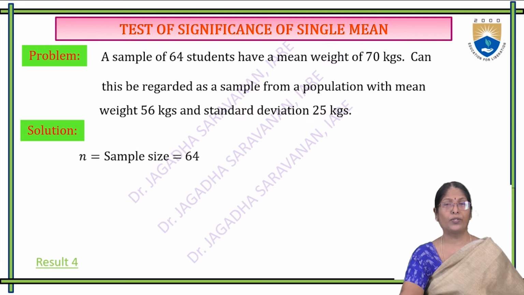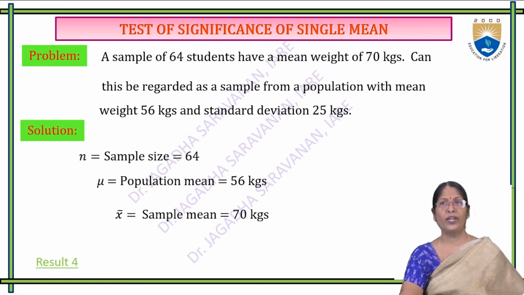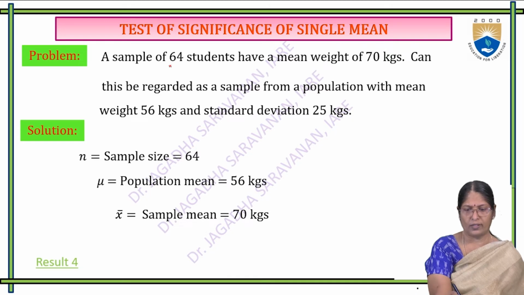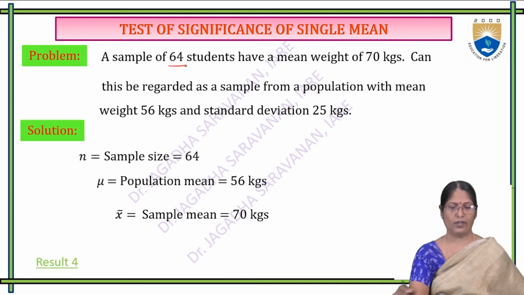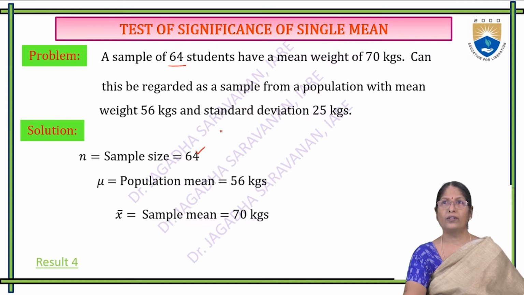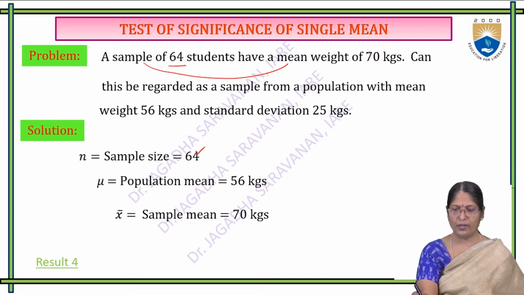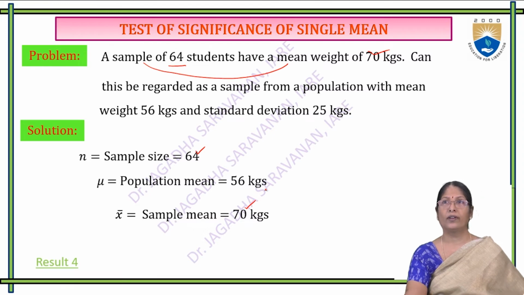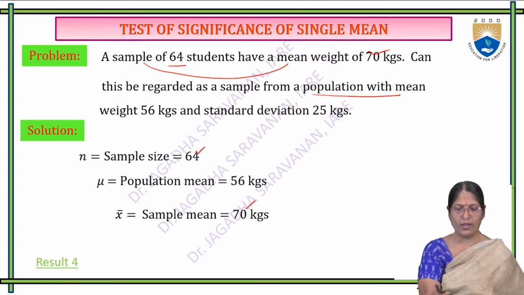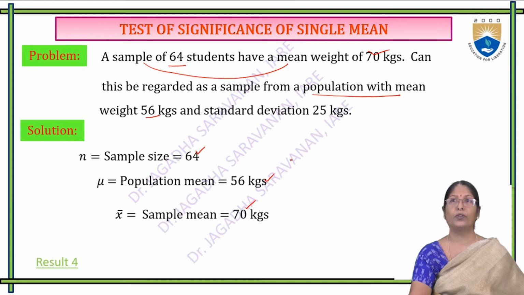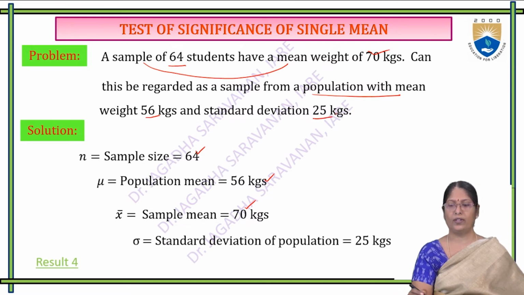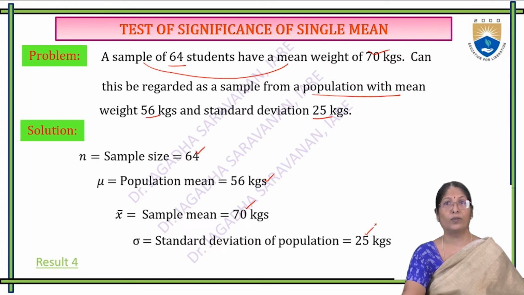So n, the sample size, equals 64, mu, the population mean, equals 56, and the sample mean equals 70. Yes, the 64 students, the sample mean 70, the population mean, and 25 kg, all the data we wrote.